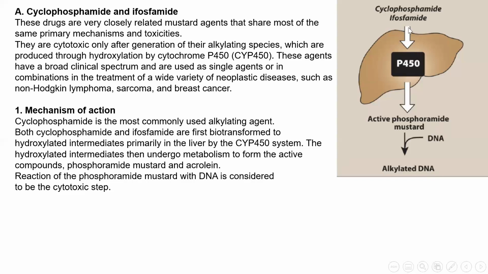In the first step, there is hydroxylation by cytochrome P450, and then another step of metabolism converts the hydroxylated metabolite into the phosphoramide mustard metabolite and acrolein. These are responsible for the cytotoxic effect of these drugs through a direct alkylating effect on the DNA.